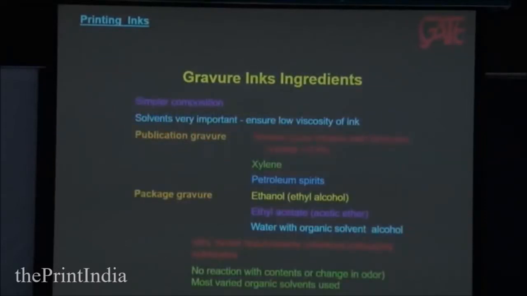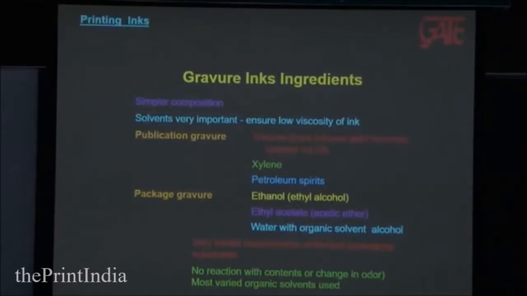So gravure ink ingredients: simple composition, very low viscosity. So we have two parts here. In India, publication gravure is now done only by Hindustan Times. They do a weekly supplement. Okay, the rest is all packaging gravure. But in Europe, there are still many companies who do publications by gravure.